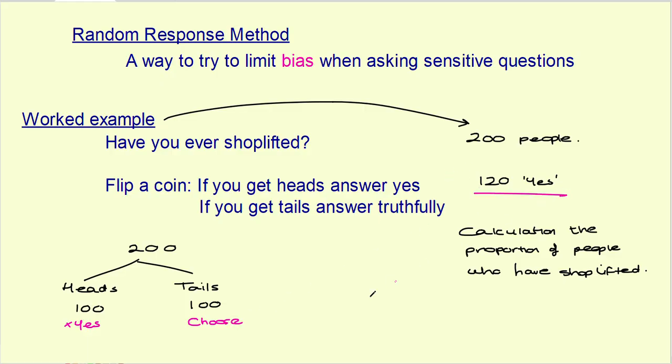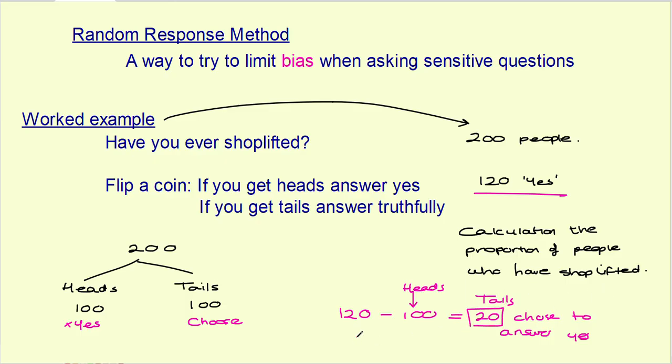Now, in total, they got 120 yeses. 100 of those are from the people that had to say yes because they got heads. That leaves us with 20 people who chose to answer yes, so basically got tails and chose to answer yes. So what proportion of people have shoplifted?